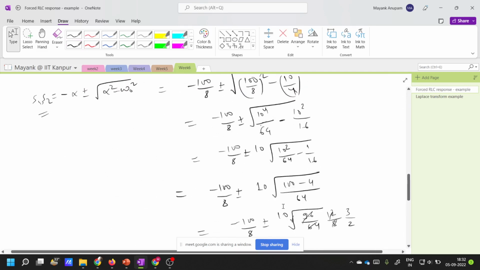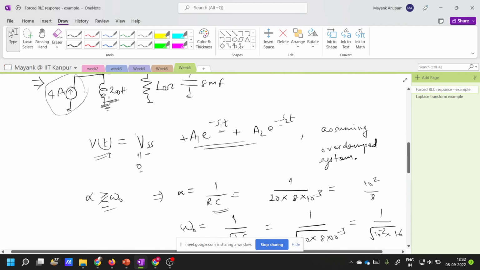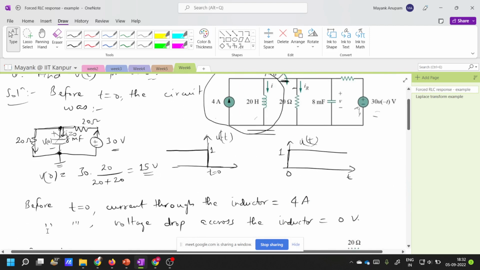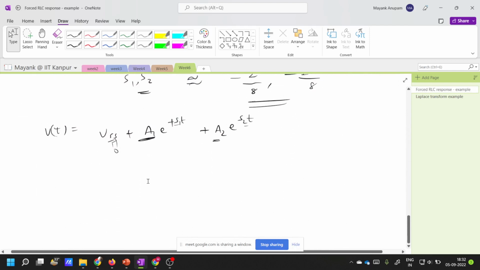I know that initially the voltage I found out, right? The initial voltage, V of t at t is equal to 0. You see, V of 0 here I have calculated to be equal to 15 volts, right? The voltage across the capacitor before t is equal to 0 is 15 volts. Now we know that the voltage across a capacitor cannot change suddenly, right?